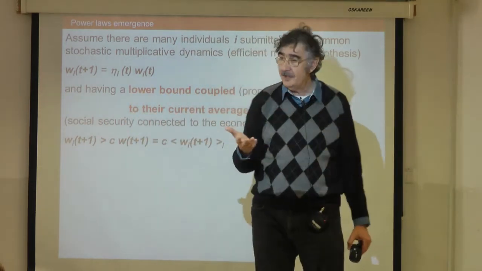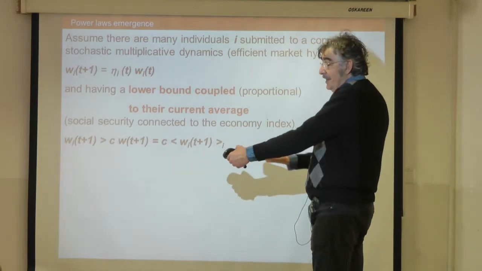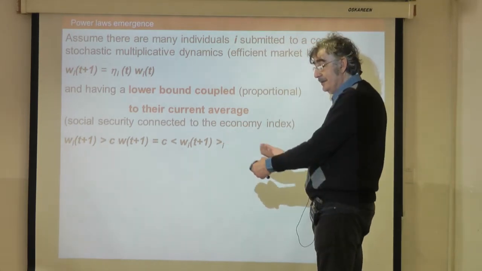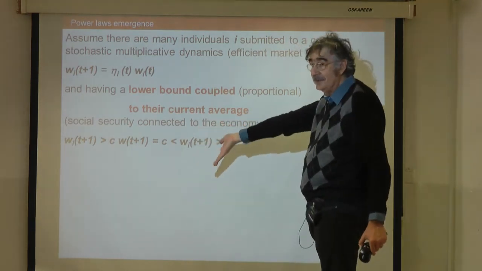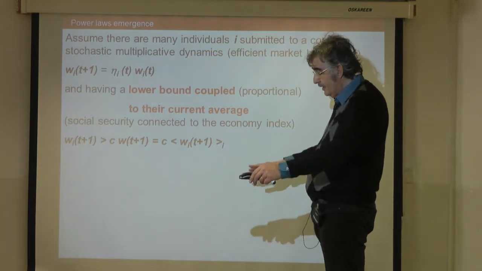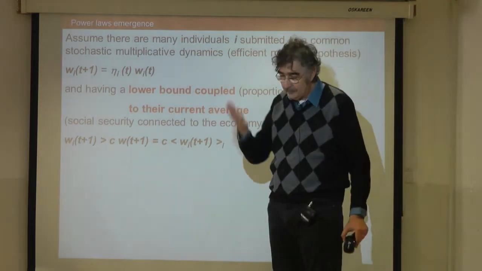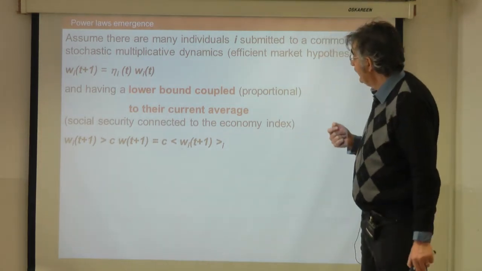Of course, in this case, I have the problem that the lower bound becomes irrelevant, because if everybody goes to the right, then having a barrier to the left would not affect anything, and I would just get this kind of flattening distribution, which I have shown in some of the previous lectures.